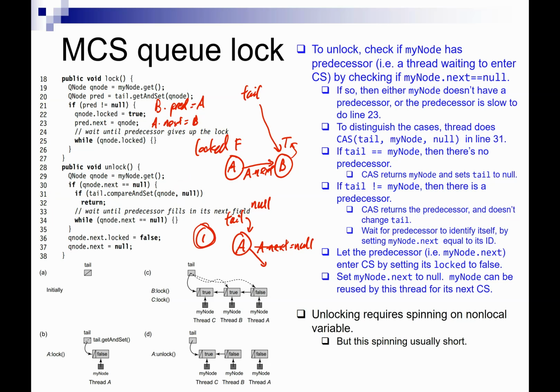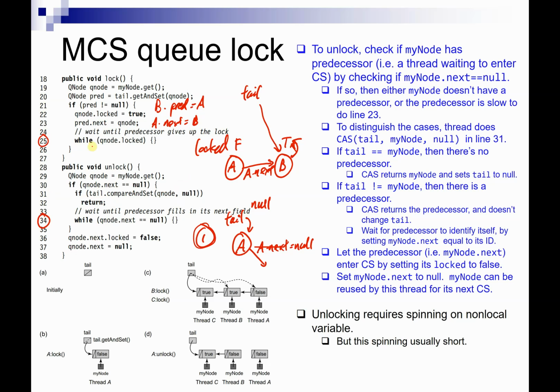There are actually two places where you spin: line 34 and line 25. Now you might spin at line 25 for a long time. Line 25 is this spin over here where you're waiting for somebody in front of you in the queue to free you to go into the critical section. This could take a long time because there could be many guys in front of me.